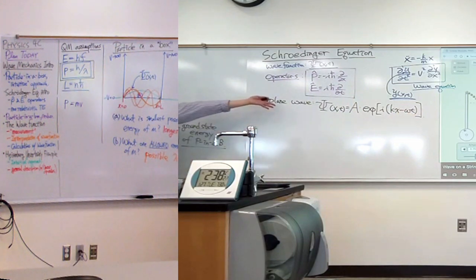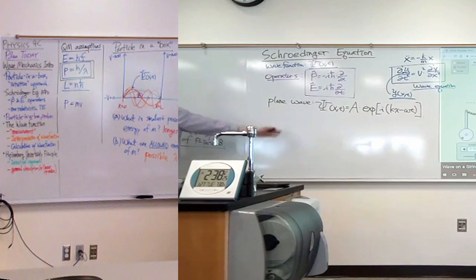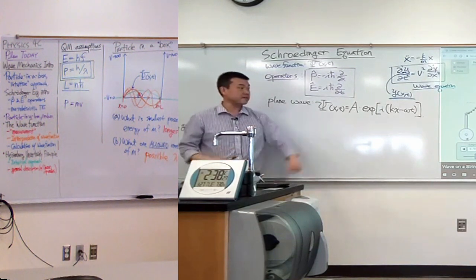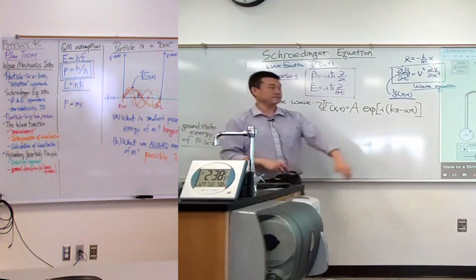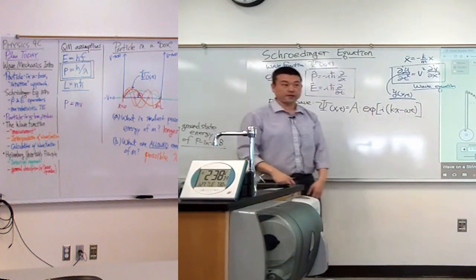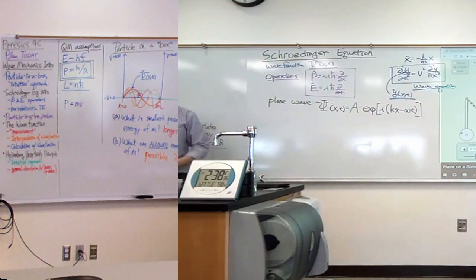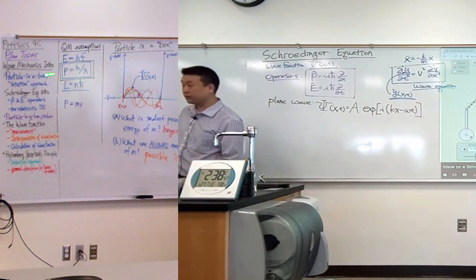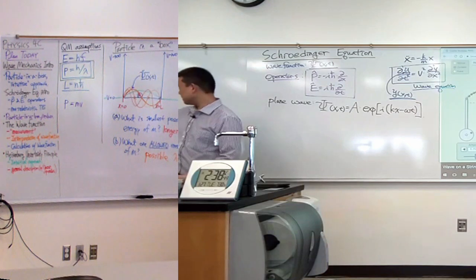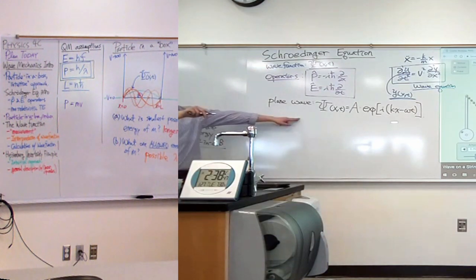Right? This is the mathematical representation of a plane wave. And depending on what this A is, it could be a plane wave of many different things. It could be an electromagnetic plane wave. And what we are claiming now is that this could be a representation of a matter plane wave. Something that has mass, if it can be represented by a wave function, then this is a possible representation of that.